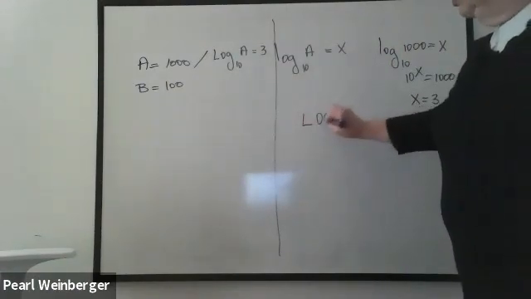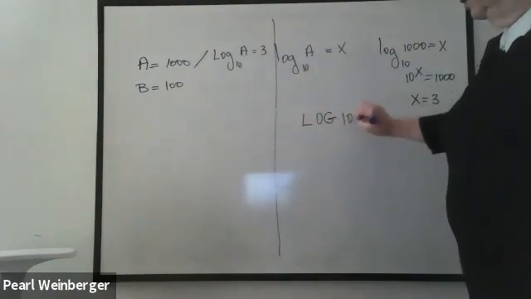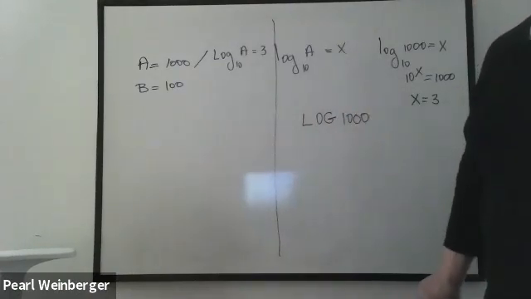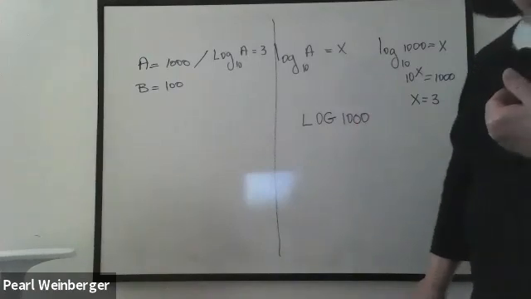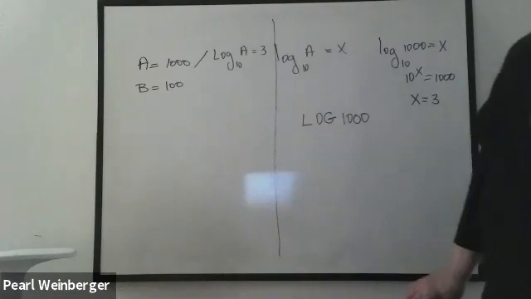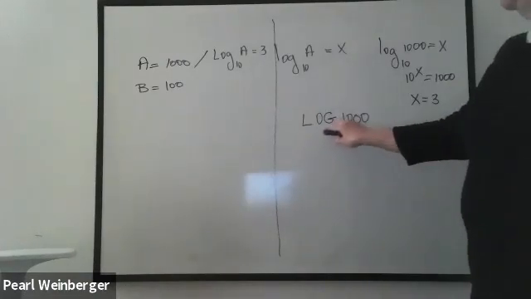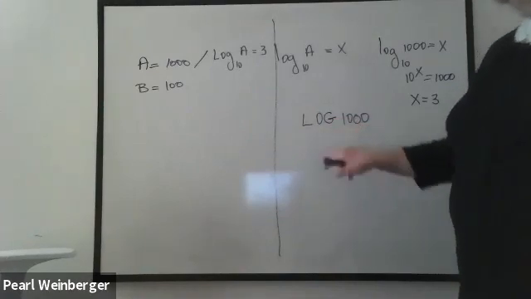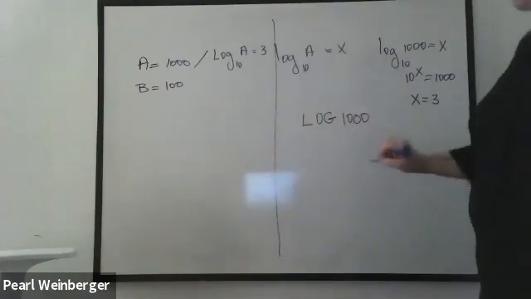If I were to write log 1,000, and I don't put any subscript there, it's not that I forgot the subscript. It means that it's talking about a specific type of log. It's talking where the base of the log is understood to be 10. It's called the common log.